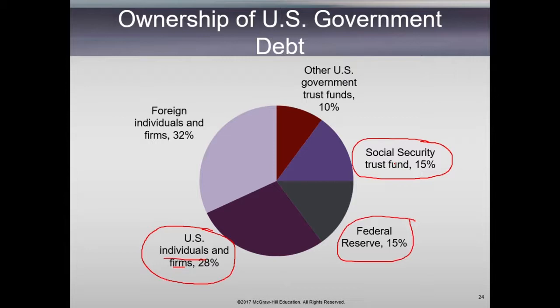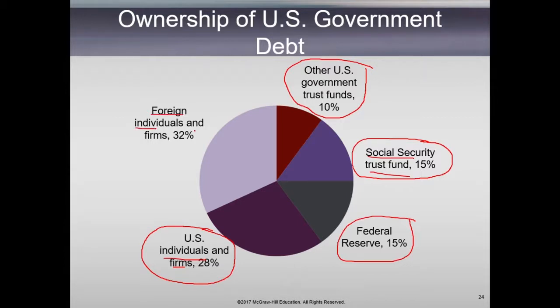All of that money is put in a Social Security Trust Fund, and all of that money in that trust fund is used to purchase U.S. government treasuries. Okay, so the government owes 15% of its debt to that Social Security Trust Fund, one government agency to another. And then other U.S. government trust funds, 10%.